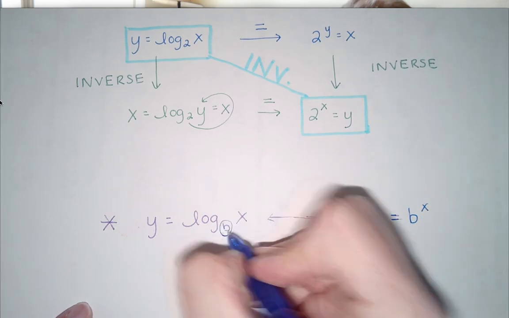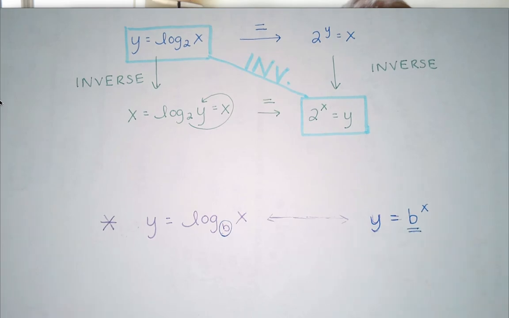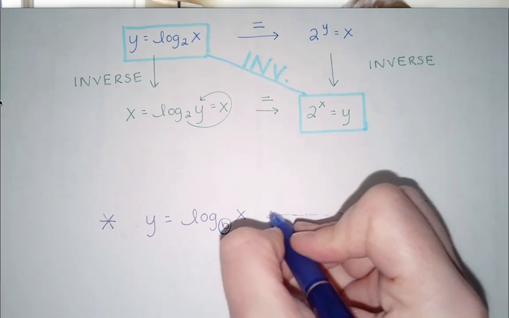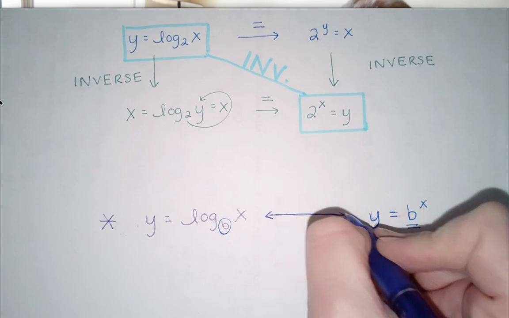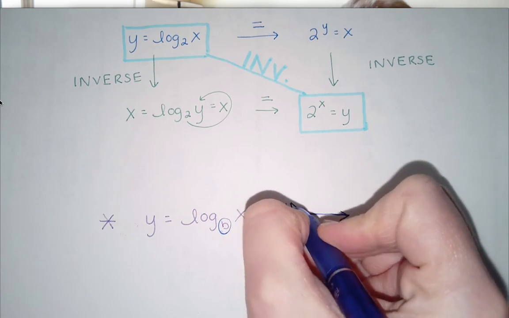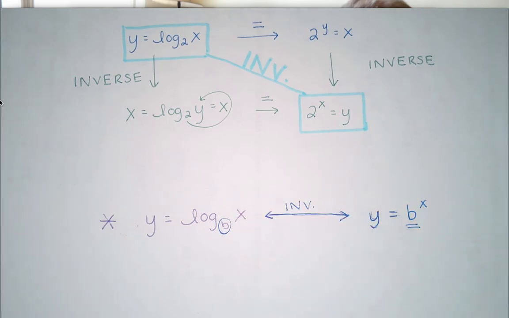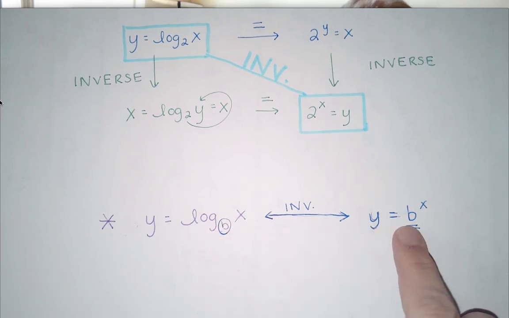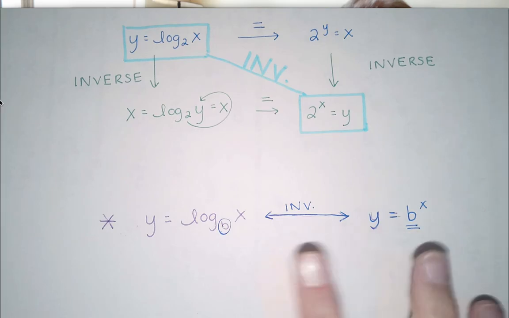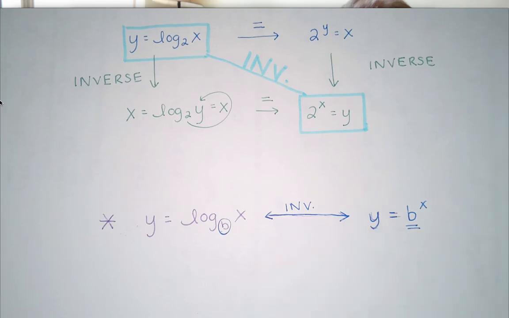Whatever this base is, that's what ends up right here. These two functions are inverses of each other: a log function with a base is the inverse of an exponential function with that same base. If I plugged one into the other, they would cancel each other out and leave just x behind.